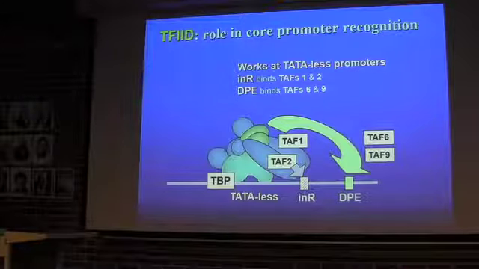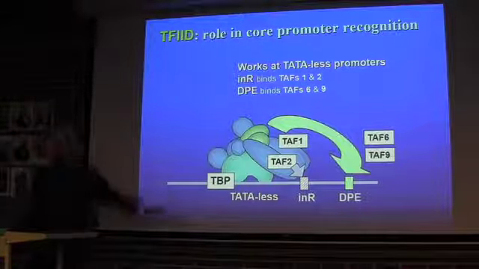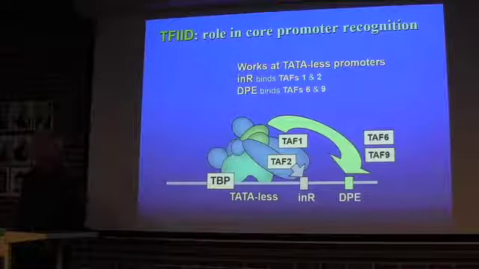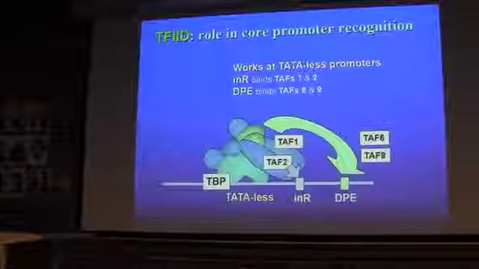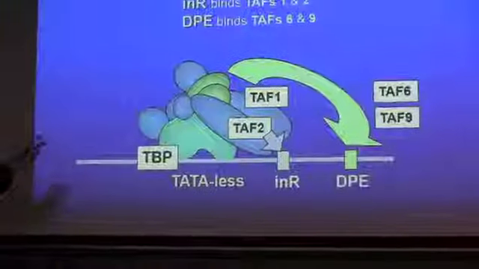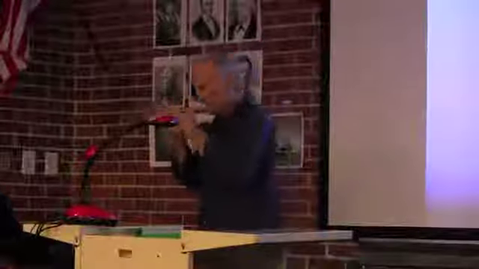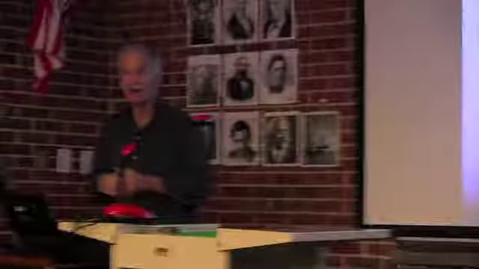TAF 1 and 2, the two largest, together recognize the initiator region. TAFs 6 and 9 together are able to recognize a downstream promoter element. So you see these TAFs are really plug-in information modules that give it the brains to recognize these promoters that have no TATA.